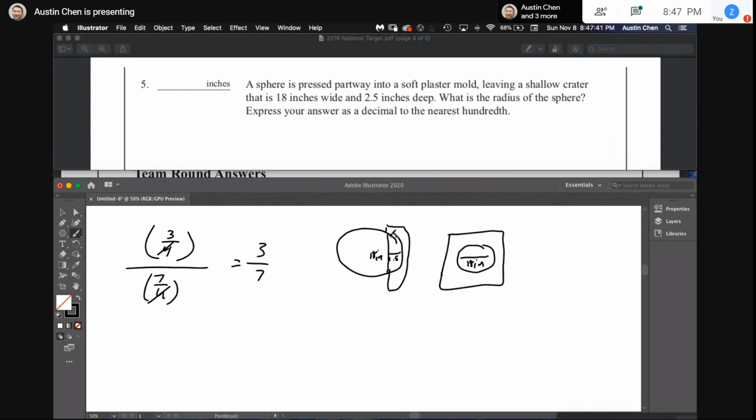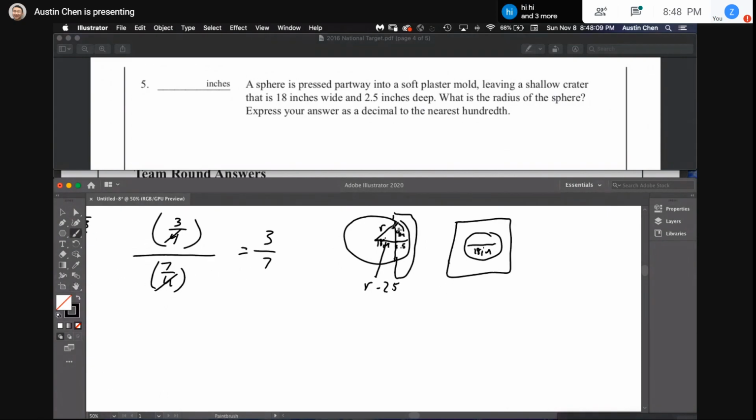Maybe draw the center of the sphere and then connect these lines. So we know that this is 9 inches. This is the radius, and because this is the entire radius, then this length right there will be r minus 2.5.